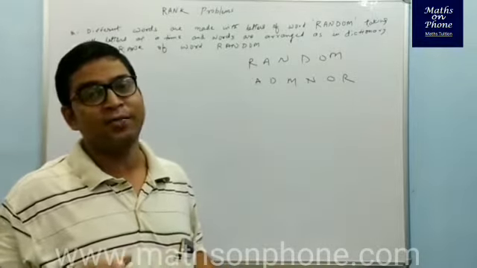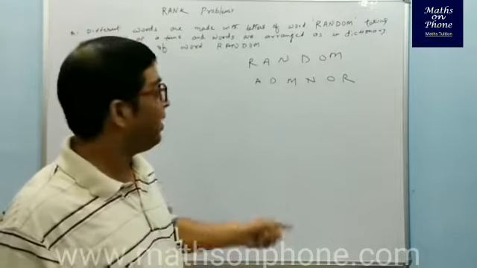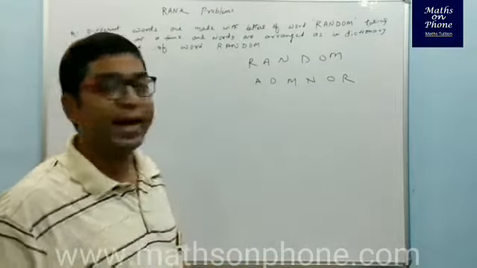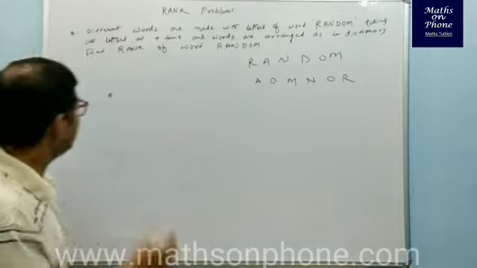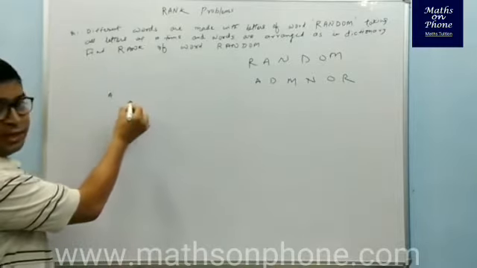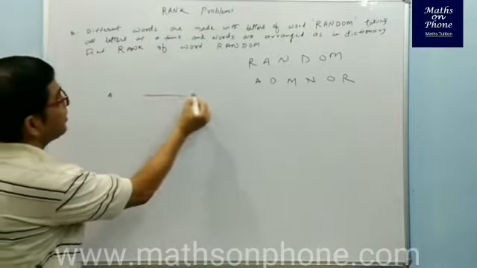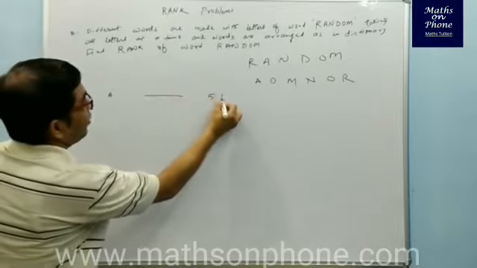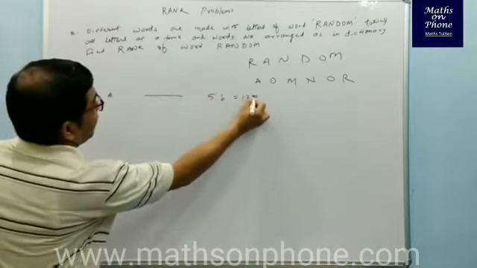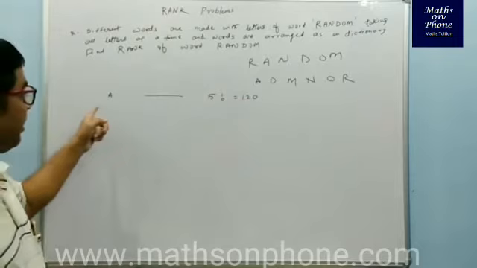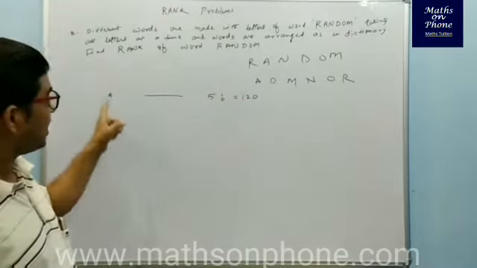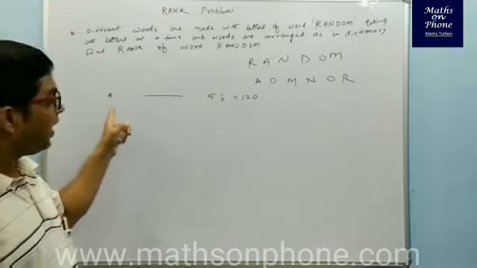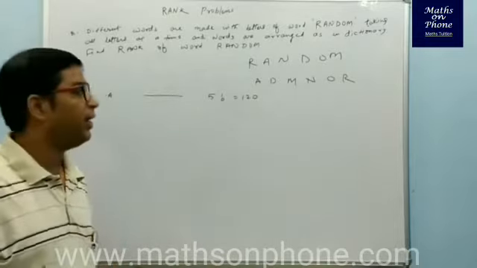All the words starting with the letter A will definitely fall before the actual word RANDOM. So all the words starting with the letter A is 5 factorial, that is 120. The number of words starting with the letter A is 120.